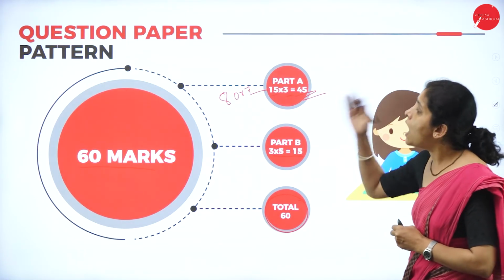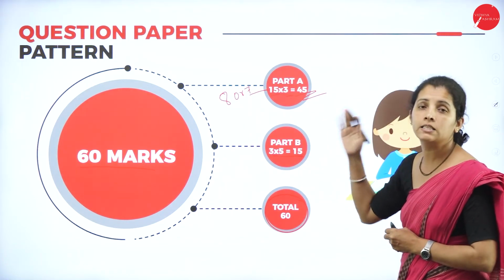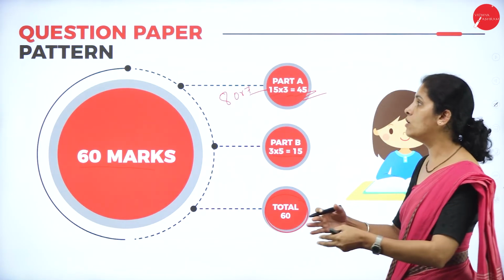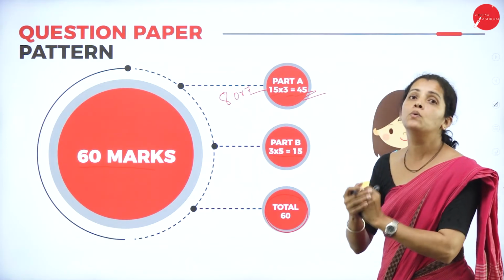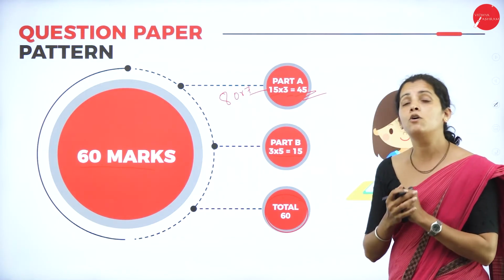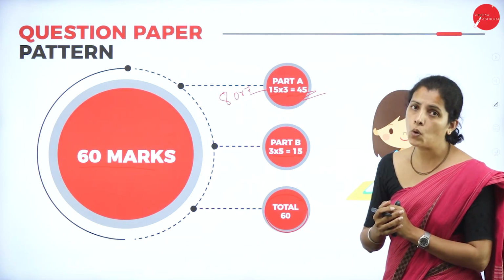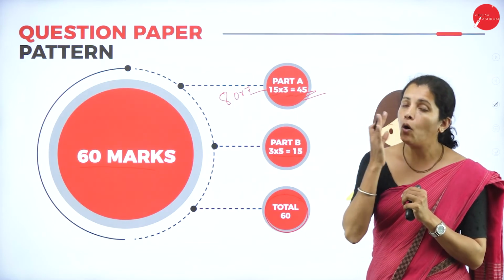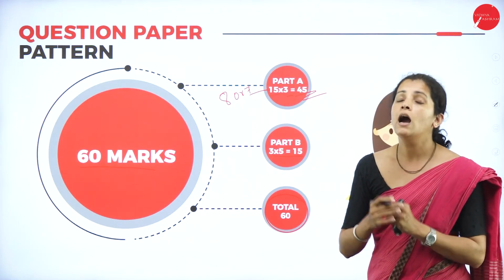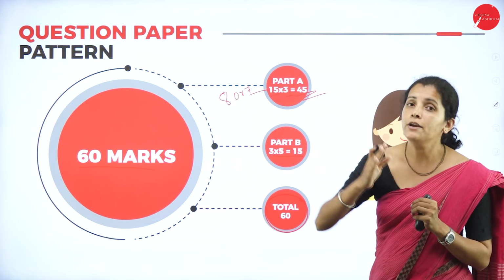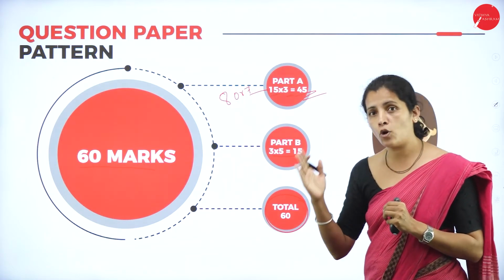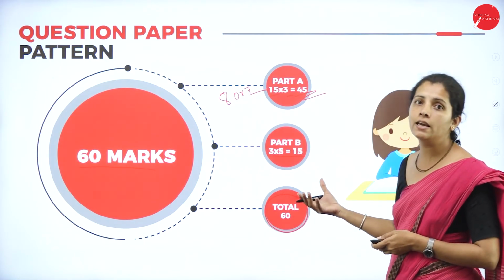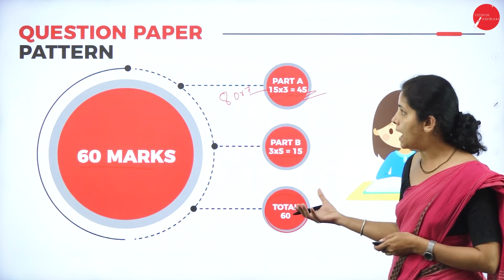And to get good marks in this subject is very easy, because here we are going to study only the basic concepts of Java programming. If you attend all the classes properly and study all 3 units properly, then it is very easy to score 60 out of 60 marks.